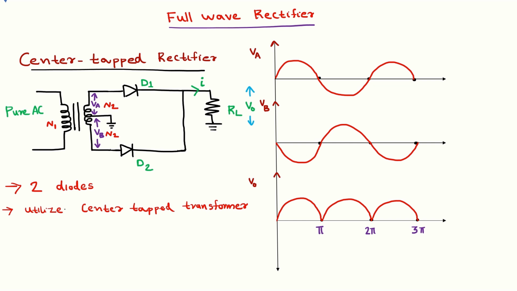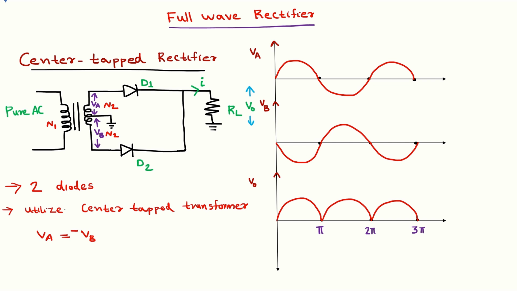The next special feature of a center tapped transformer is that if the center tap of the secondary, that means the midpoint, is grounded, then the voltages VA and VB become equal in magnitude but opposite in sign. So VA is equal to VB, but they are in opposite polarity.